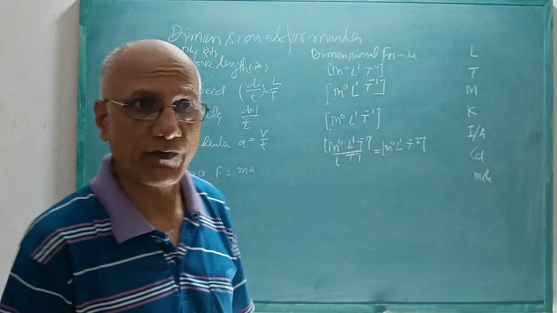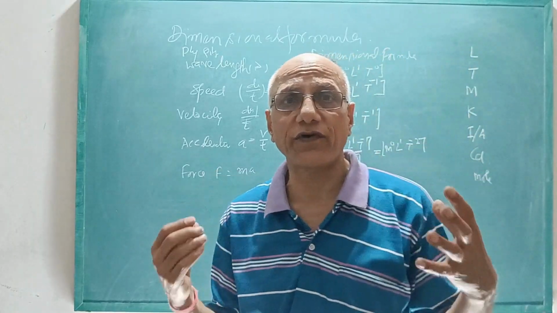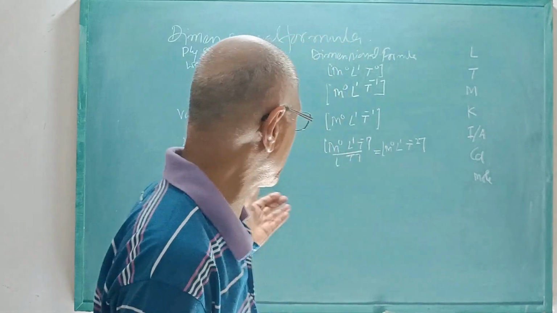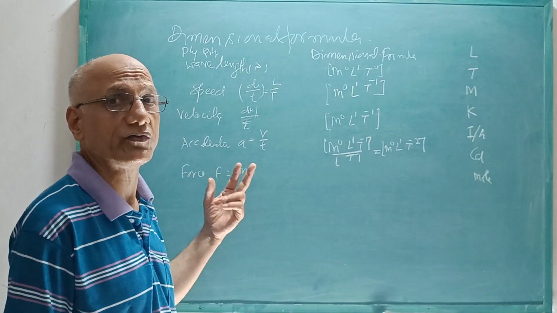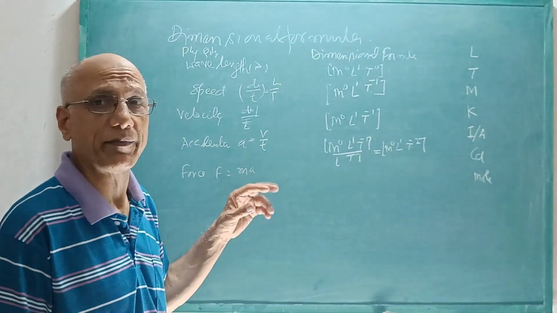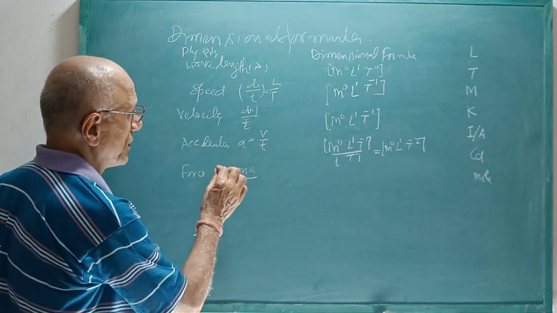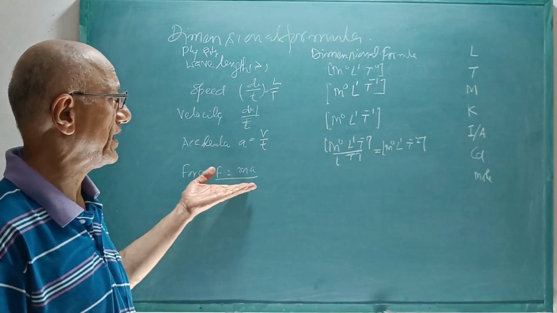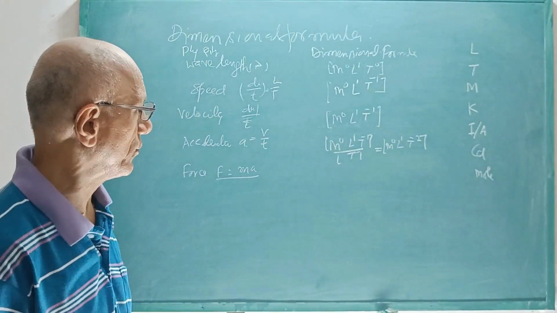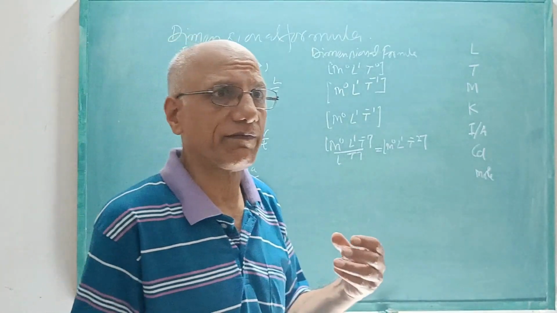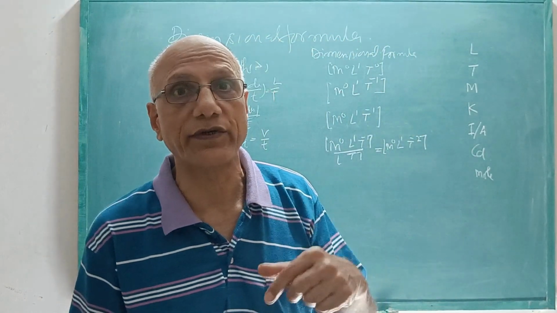To find the dimensional formula, you must know the different formulas relating to the physical quantity which you need to convert into a dimensional formula. These relations must be known to you. Then and only then you will be able to derive the dimensional formula. Most of the time we have already discussed the derived quantities, the different derived units and derived quantities.